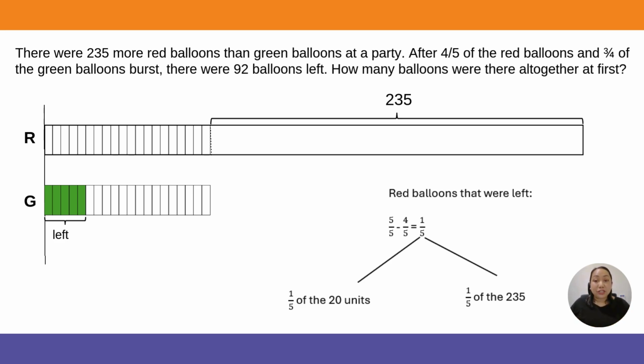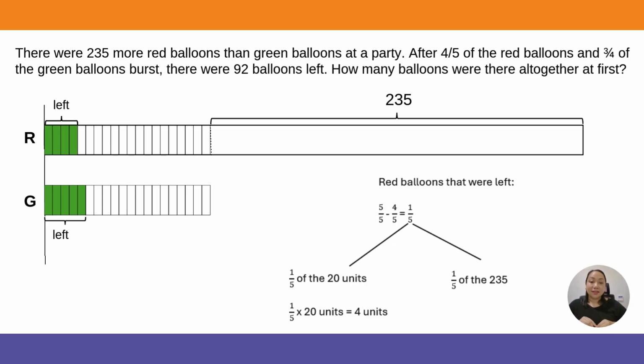Again, that's because the 20 small units plus the 235 make the whole or the total number of red balloons. Let us now start by getting the one-fifth of the 20 units.